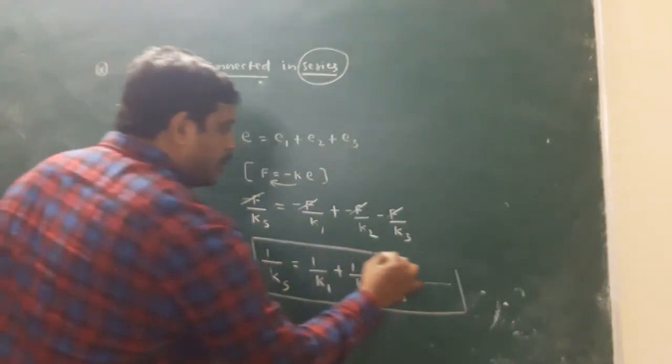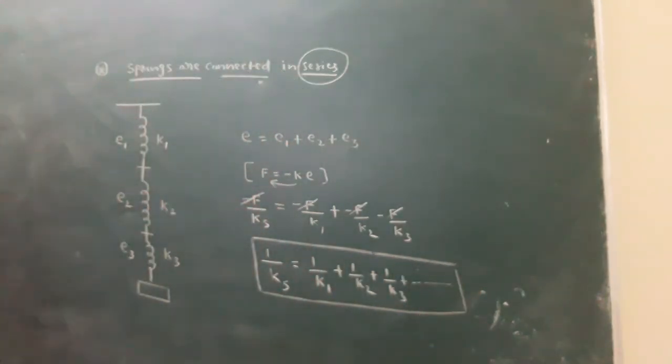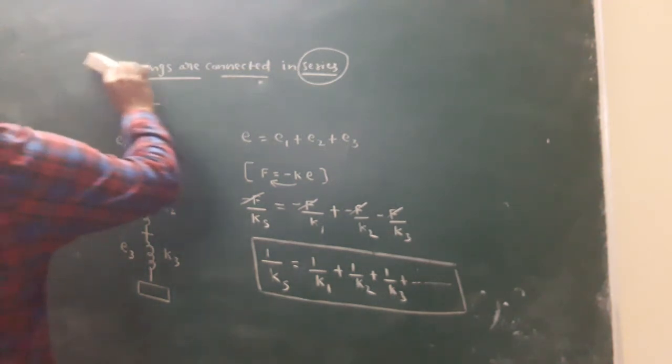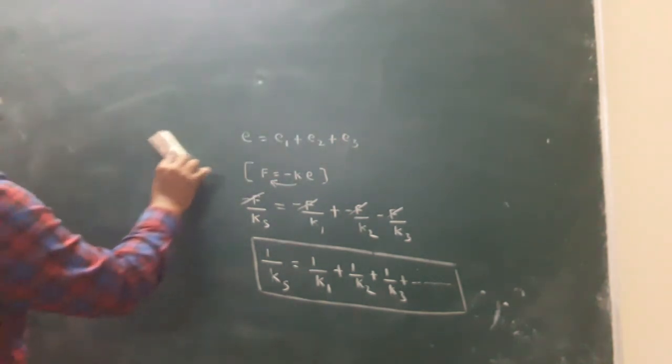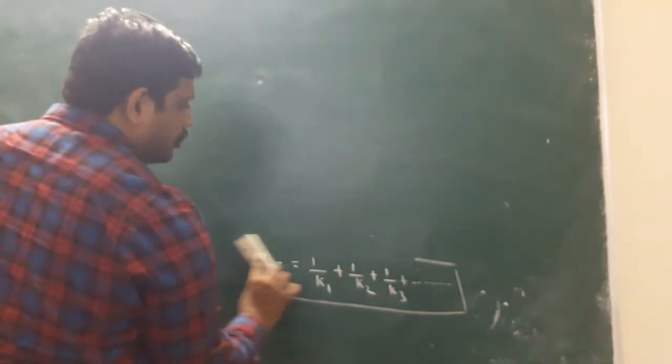This is the series combination. All springs are connected in series. What is the formula for springs connected in series? 1 by Ks equal to 1 by K1 plus 1 by K2 plus 1 by K3 and so on.